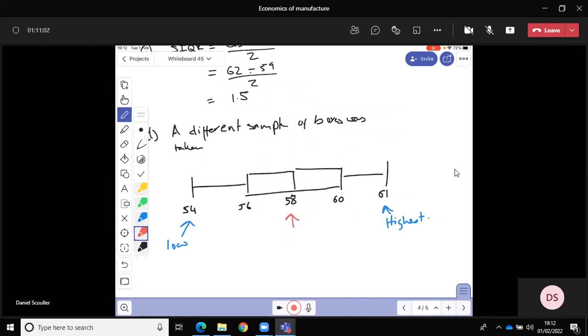First thing we're interested in is that Q2, that median. That median we are using as the average. That's Q1, the end of that box, that line there. It's giving you 56.